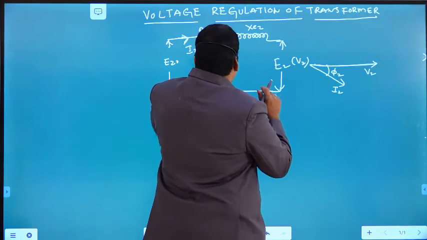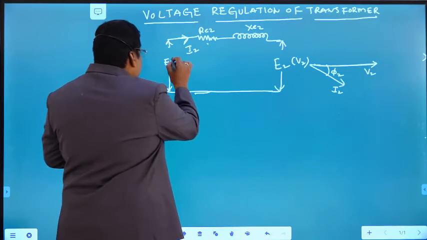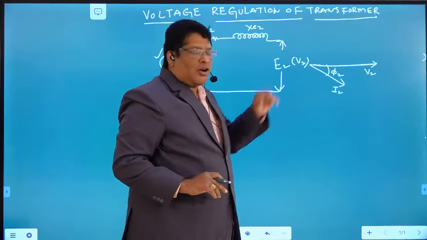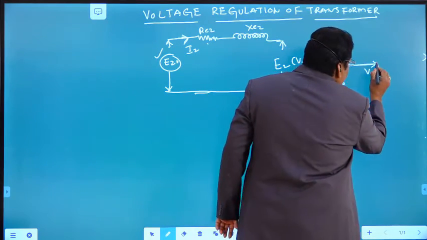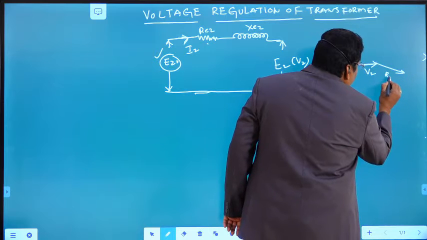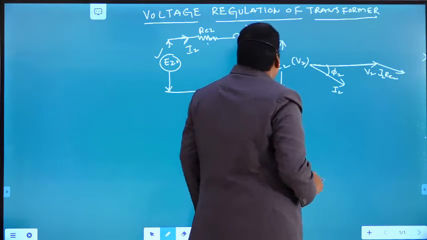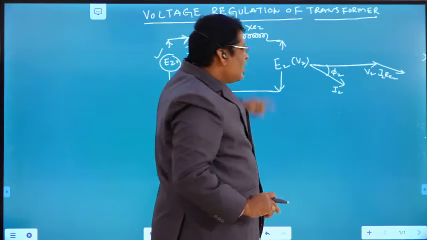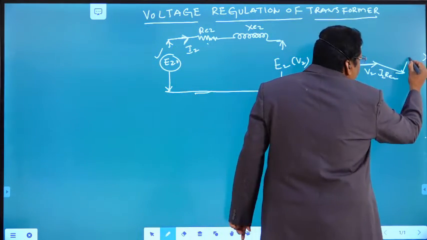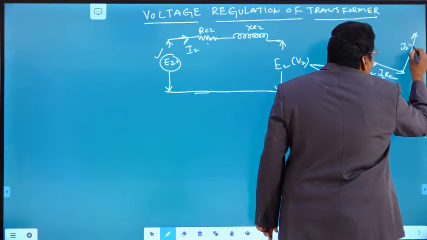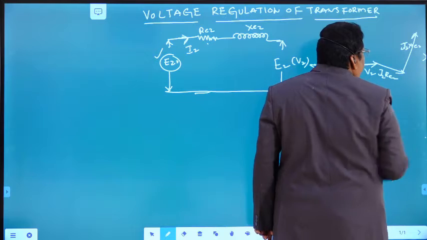Now, the I2 R2 drop, this drop, we are going to find out what the phasor for this is. So we add the I2 RE2 drop here. Now the voltage drop in the reactor is perpendicular to it, and this is I2 XE2.